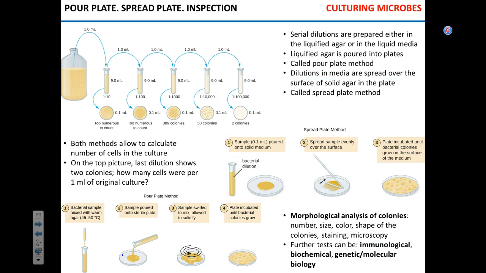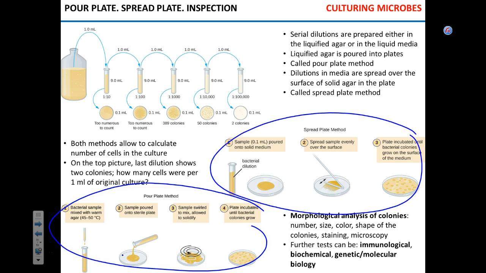Now, other ways. You can use so-called pour plate or spread plate. These methods are a little bit more elaborate, but they additionally allow you to count the number of colony-forming units, the number of bacteria in your initial sample.